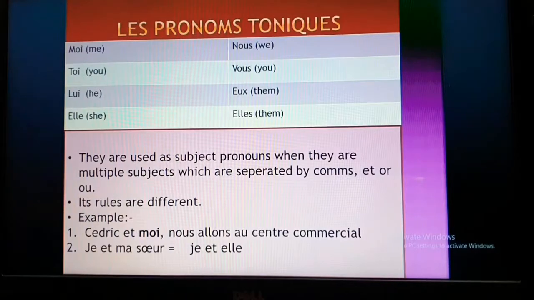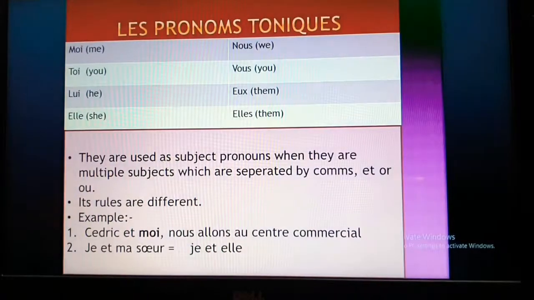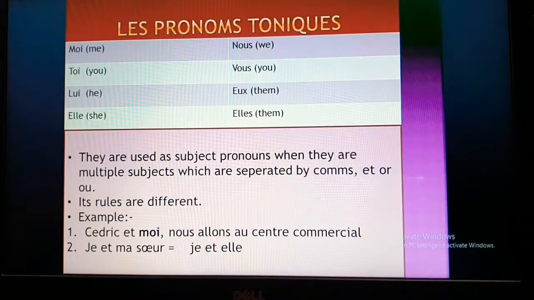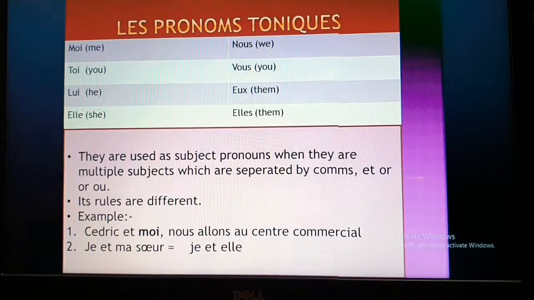Okay, so les pronoms toniques: moi, toi, lui, elle, nous, vous, eux, and elles. Now moi means me, toi, you, lui, him, elle, her, nous, us, vous, you, eux, them, and elles, them.